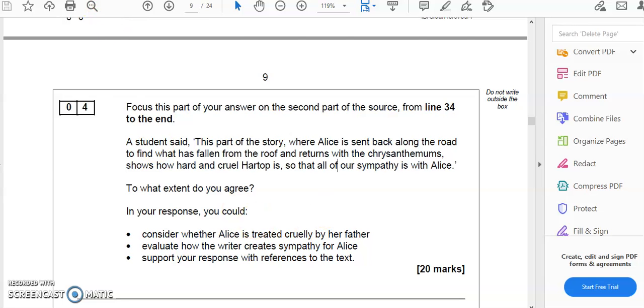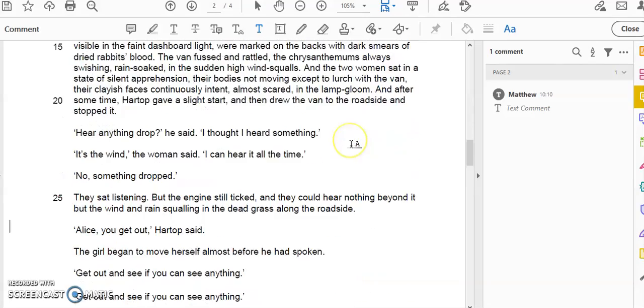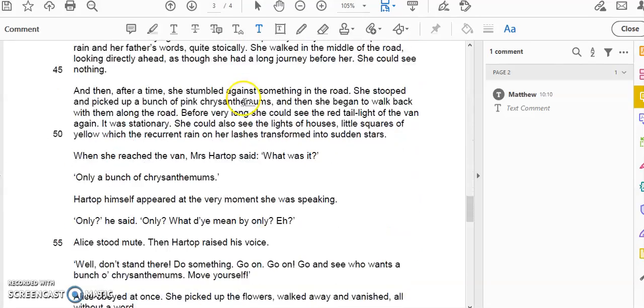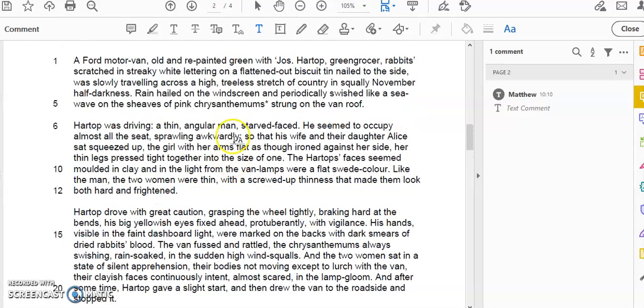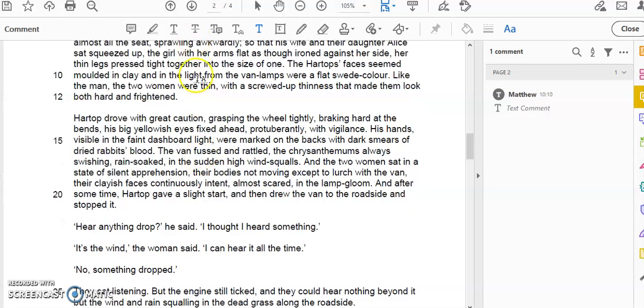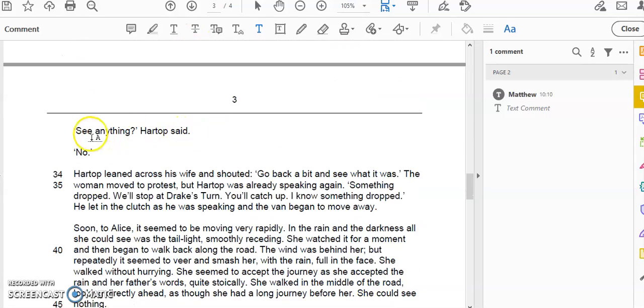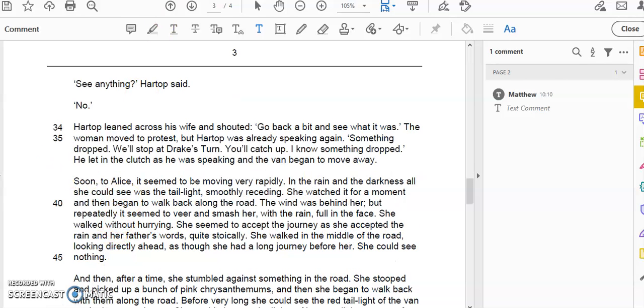So, for instance, if we look at the source material here, we are told that the daughter is sat squeezed up and, you know, almost pressed into the seat. You could certainly refer to that bit in your answer to question 4, provided your main focus was on something you found from line 34 onwards.